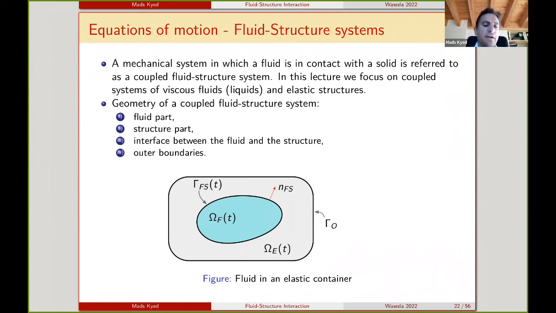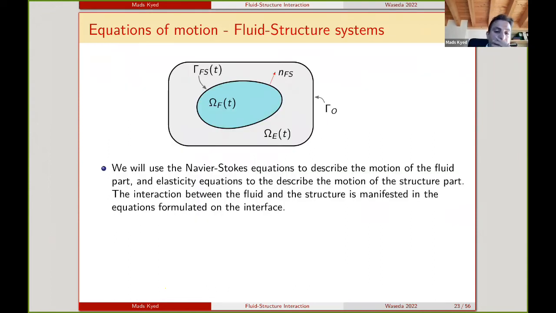So for the fluid part, the blue part in the middle, we have our Navier-Stokes equation to govern its motion. For the elastic walls, the gray part, we have the St. Venant-Kirchhoff equations to govern their motion. Now we just have to define how we model the interaction on the interface between the fluid and the structure.